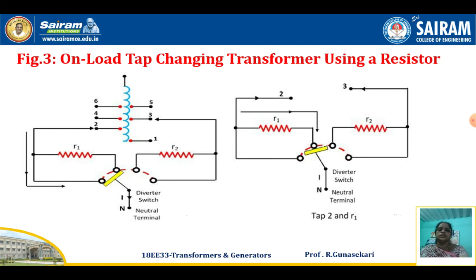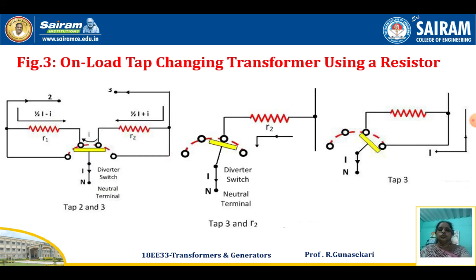Here the neutral terminal of the diverter is joined to these two. Then again 2 to R1, then 2 and 3, then the diverter switch position is 3 and R2.